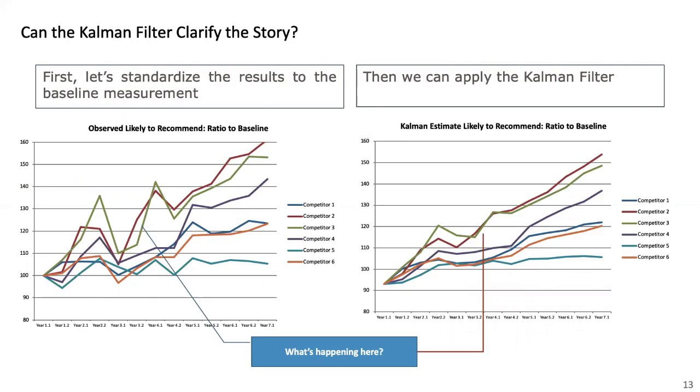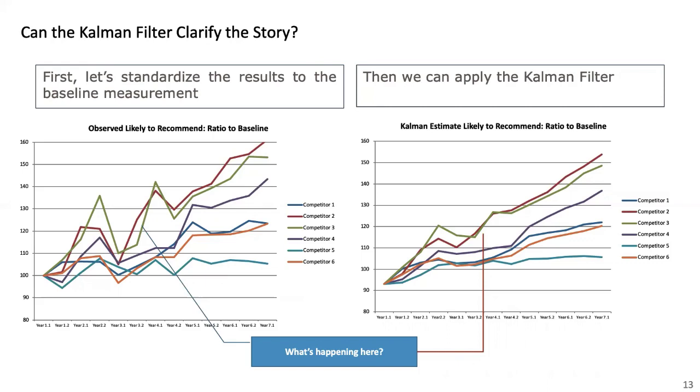So if the goal is to look at trend in movement, the very first thing I did here is I essentially benchmarked everybody to their very first measurement. We created these ratios to the baseline measure, so everybody starts with 100 on the left.